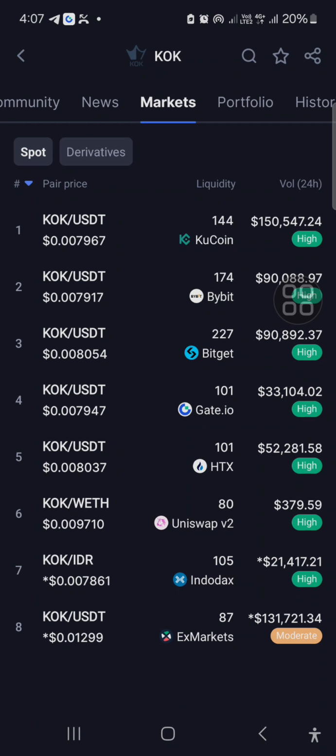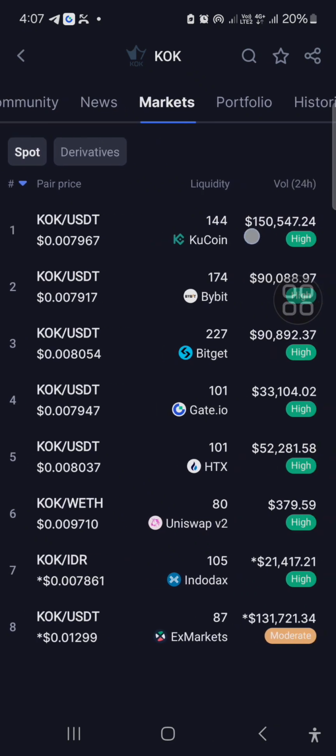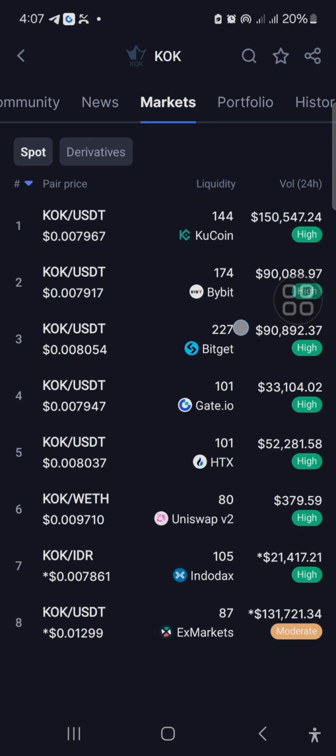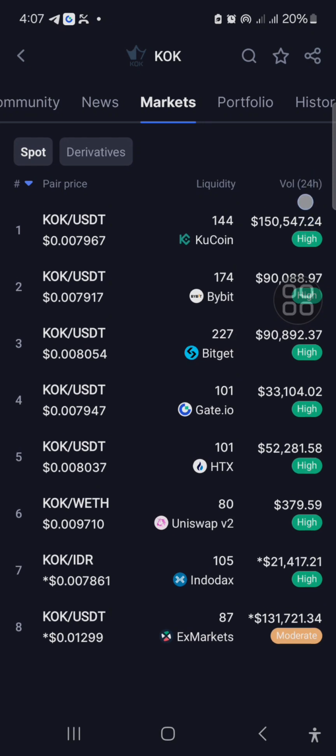I'm going to be dropping all the links that you need to sign up for all of the exchanges. And the volume that is being traded on KuCoin is $150,547 as at the last 24 hours. You can see the volume there, 24 hours.